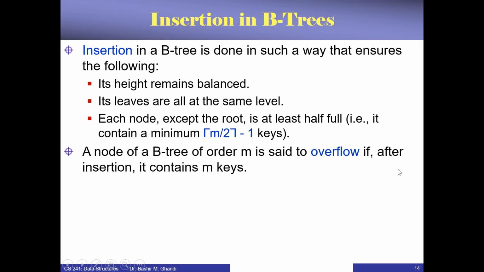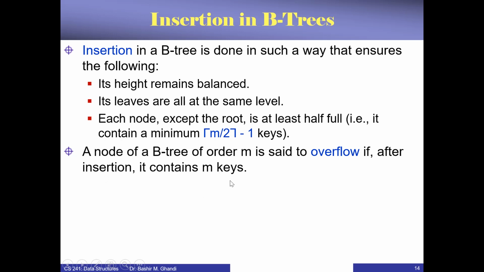Okay, now a node of a B tree of order m. So we define a term here because we're going to need it when we come to the insertion. Overflow, what does it mean? A node of a B tree of order m is said to overflow if after insertion it will contain m keys.